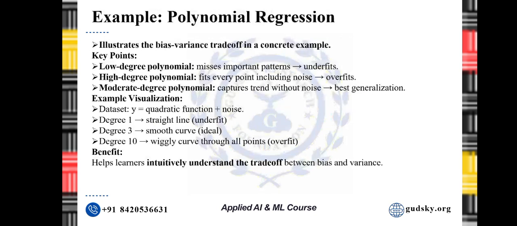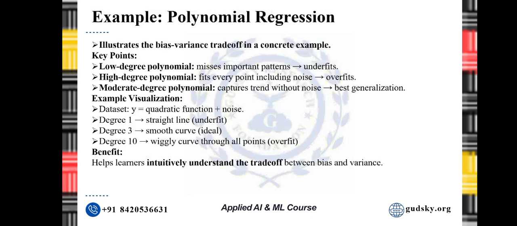And example: polynomial regression. We'll take a simple dataset where y follows a quadratic function with a bit of random noise. Now watch what happens. A low degree polynomial, degree 1, draws a straight line missing the curves, and that is underfitting. A high degree polynomial, degree 10, draws a crazy wiggly line through every point, that is overfitting.